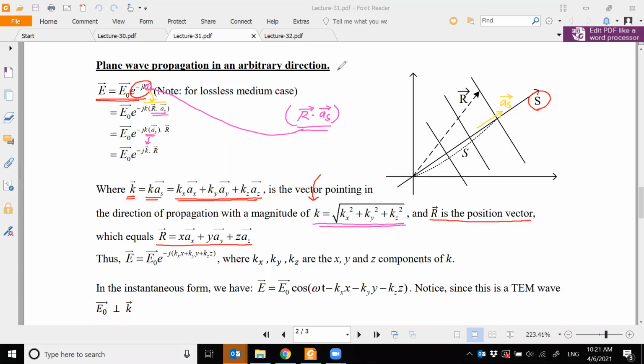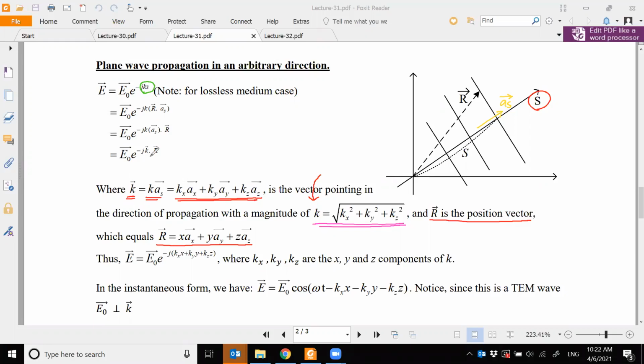Now, rather than showing it in this manner, see here, this k s is a scalar. Till now, we were only looking along the x direction, y direction, and z direction, so we were just saying beta 1 z or beta 2 y. We were using scalars.